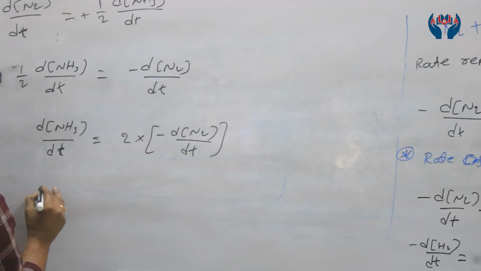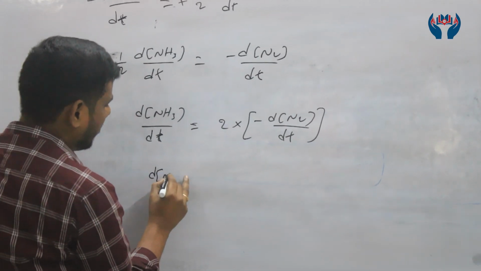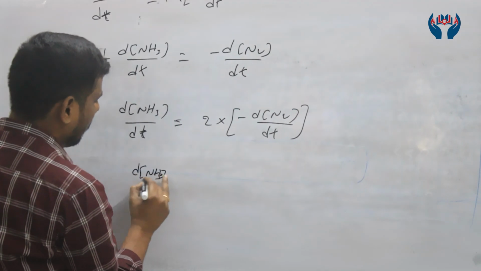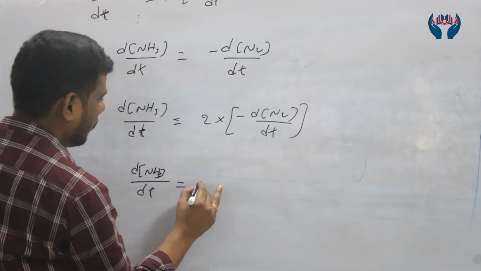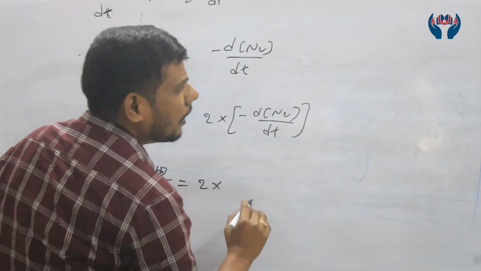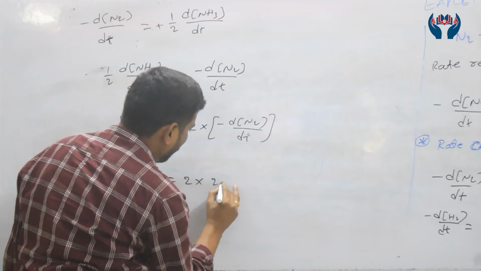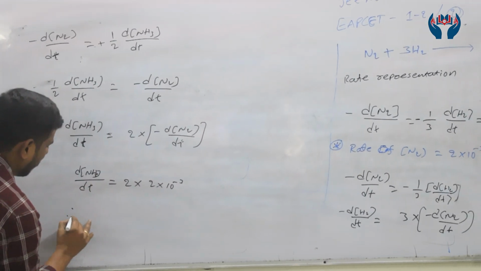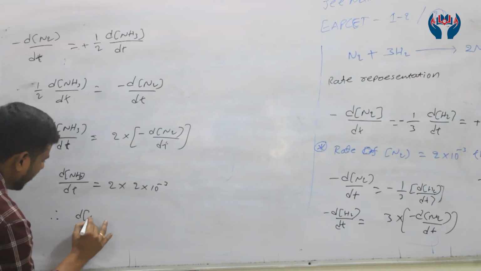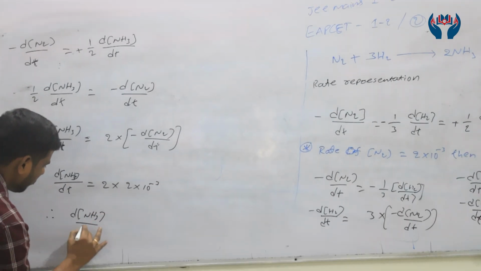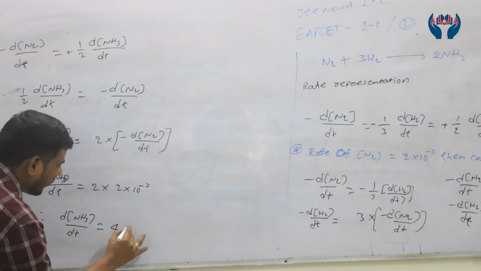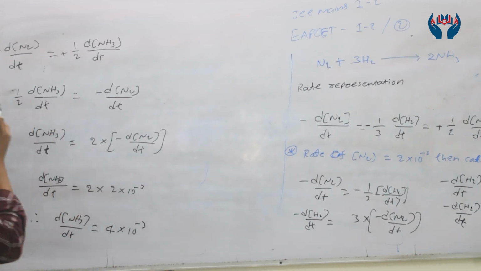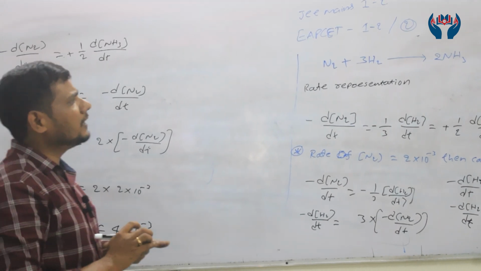Substituting, d of NH3 by dt equals 2 into 2 into 10 to the power of minus 3. Therefore, d of NH3 by dt equals 4 into 10 to the power of minus 3. This is the calculation of rate.